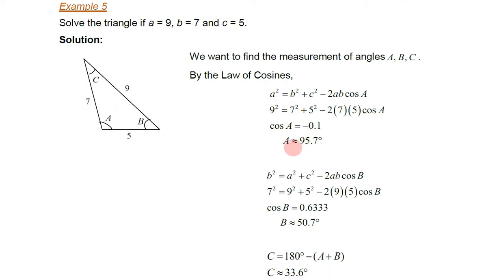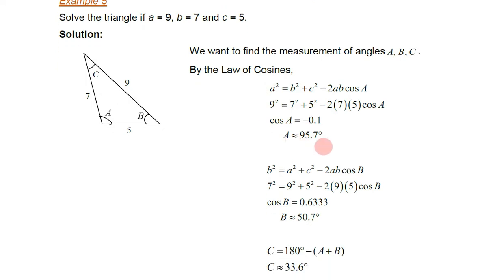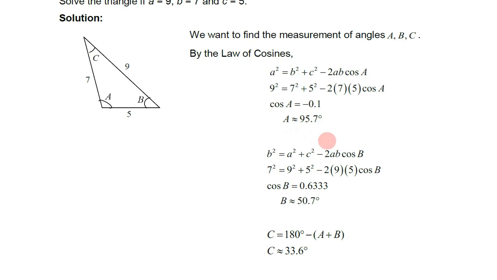You substitute in the formula, you will get the angle for A, B, and once you have two angles, it is enough for you to find the next angle by just subtracting from 180 the angles that you have previously. So you will solve all the values.